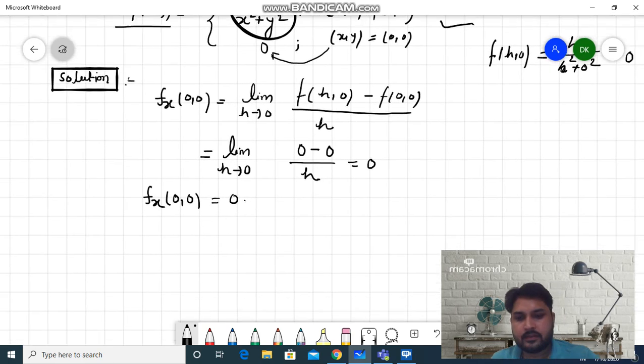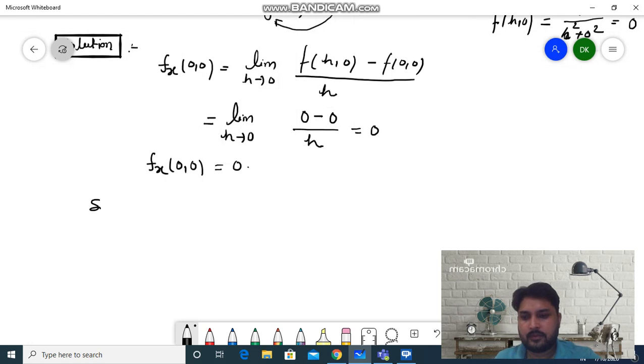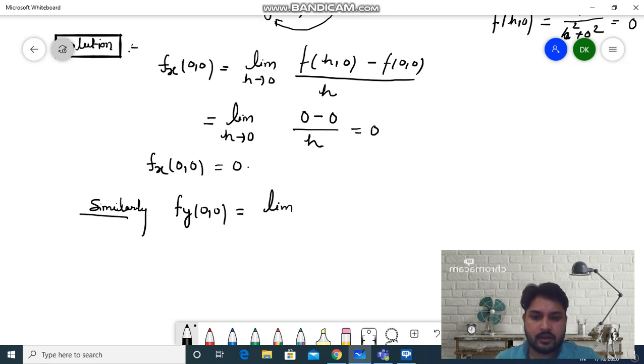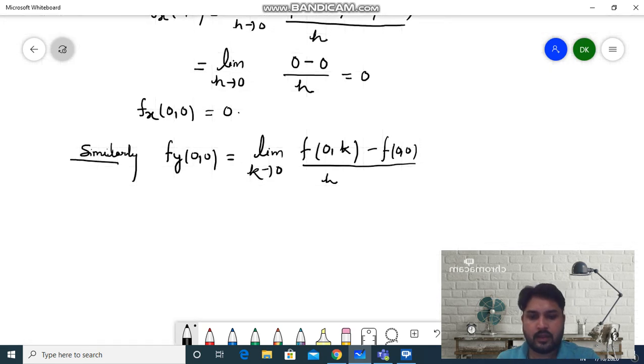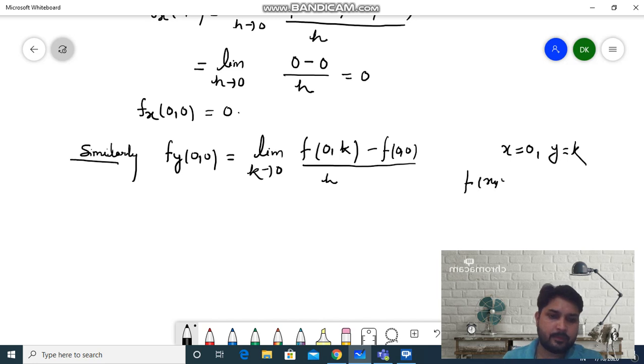Similarly, fy at (0, 0) is obtained by taking limit k tends to 0 of f(0, k) minus f(0, 0) upon k. So f(0, k) is again obtained by taking x equal to 0 and y equal to k in the function f(x, y) is equal to xy upon x square plus y square.